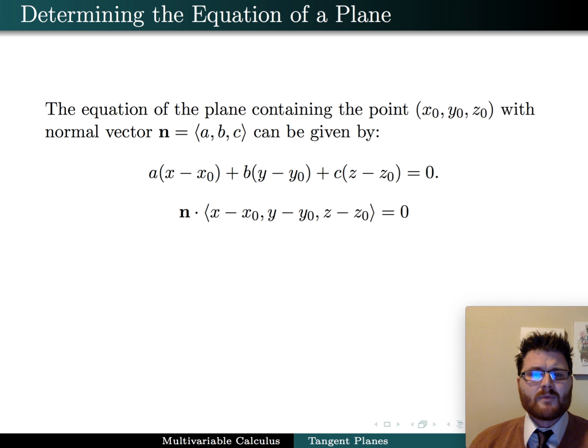So if x naught, y naught, z naught is in the plane, then for some arbitrary point x, y, z, the differences of each of those coordinates are going to be the coordinates of some vector in the plane. And so the plane is described by the fact that the normal vector dotted with the vector in the plane will be 0. So that's where that equation comes from, and that's that vector in the plane.